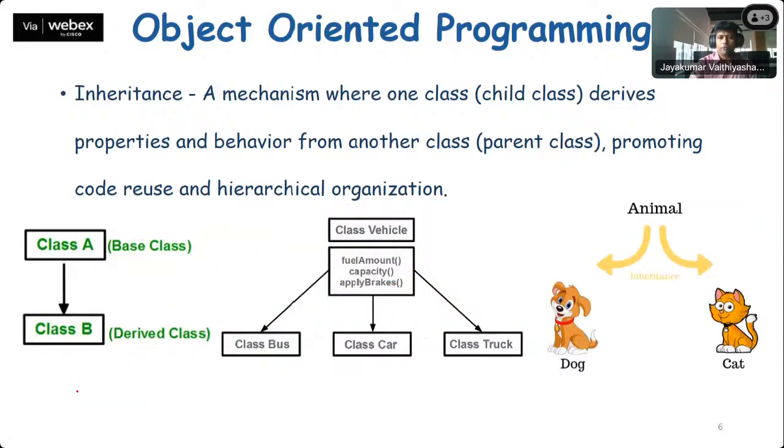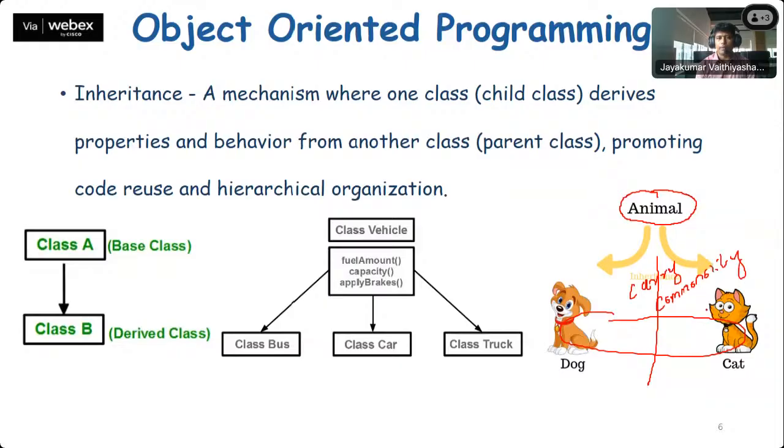Next, look at day-to-day life, biological classification. Animal is a larger category, the animal kingdom. From the animal kingdom, they are able to inherit some properties. According to the classification, it could be a dog, it could be a cat. But both of these animals carry commonality between them.